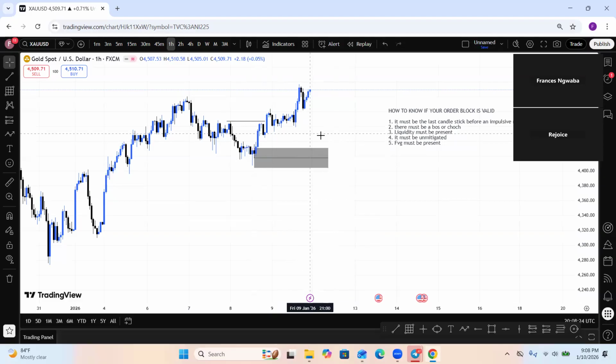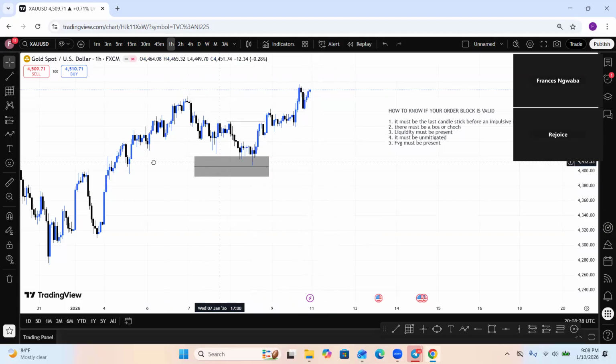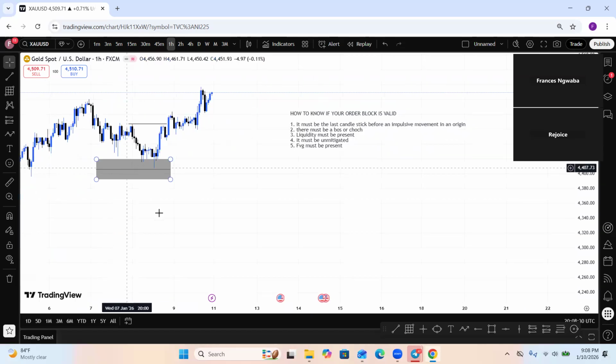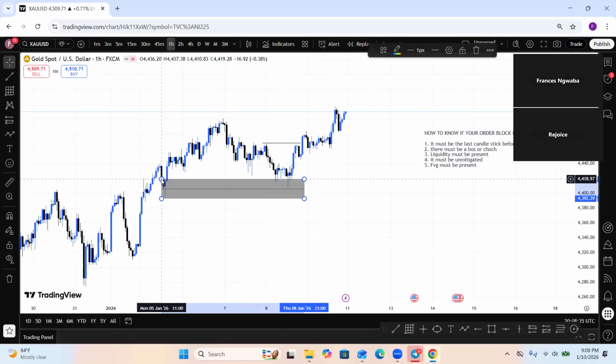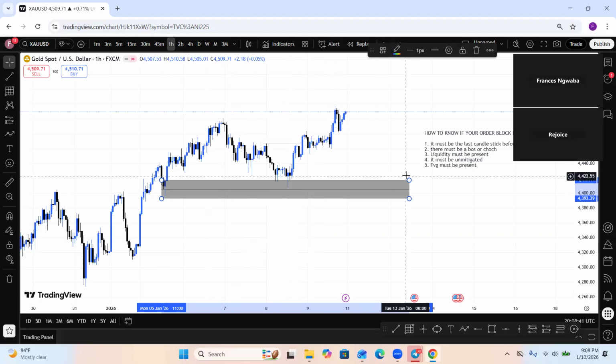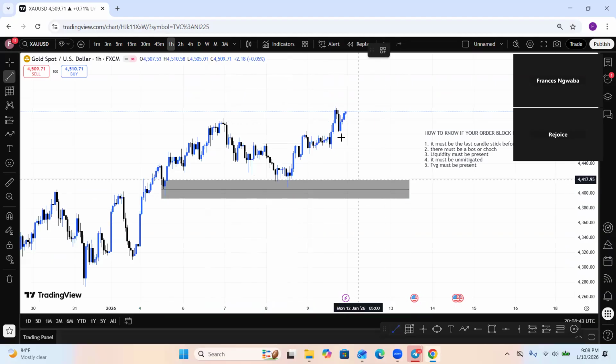Any level on the chart that price has come back to tap, like this order block here, price has tapped in. So will you tell me that you still want to wait again for price to come back and tap into this order block, this level?